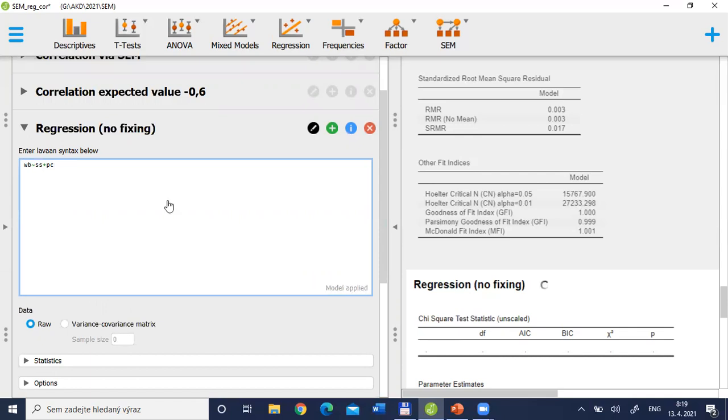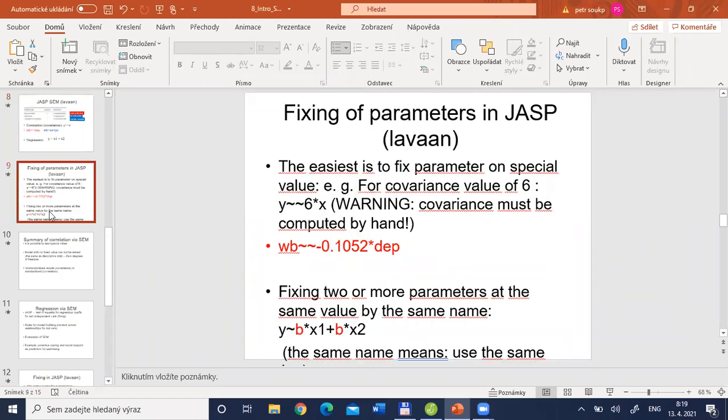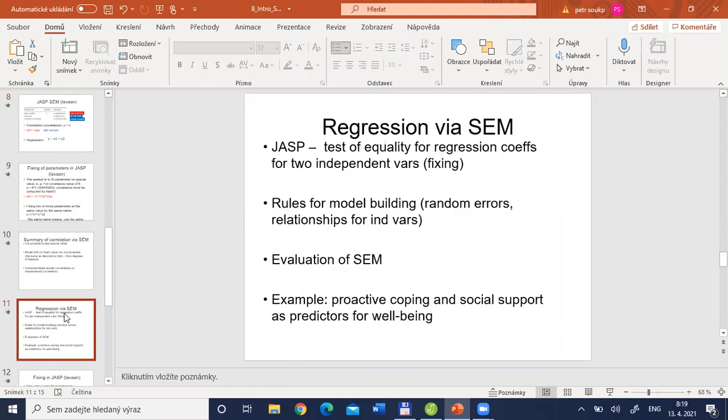So JASP is computing. Before we start to discuss, I would like to warn you that if we compute this, I would call it a full regression model, we would get the same problem as for correlation. It means we would get 0 degrees of freedom and no option for testing.